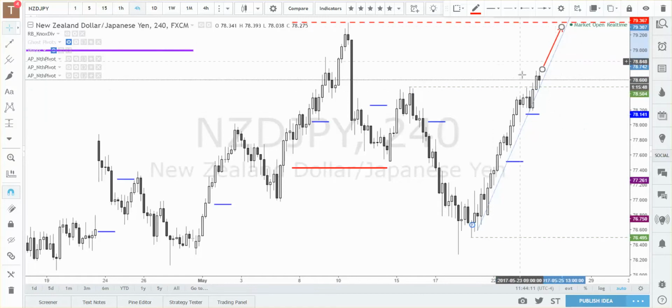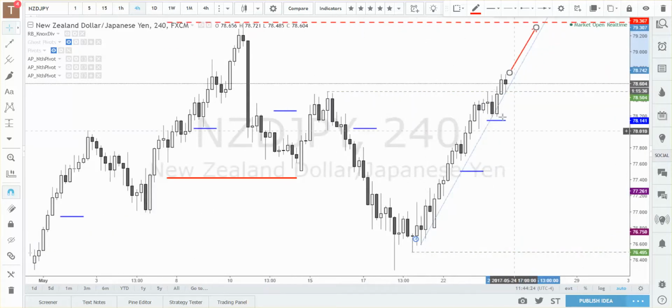In this case, my trade sizes are so small that if price were to get up here, I would still be maybe down 1 or 2%, which is nothing. So that's how I use these horizontal fractals.